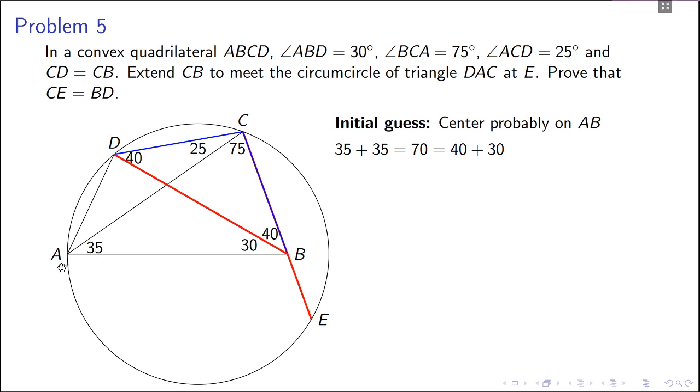So if the center lies on this, and since this is the largest one, I decided to make it from this. I want to cut off a segment which is equal to this, this segment here equal to a segment here. The way to do it is, of course, you make a construction, either make a perpendicular bisector, or you just cut off 35 from this. So this construction you make, so that this side is equal to this side.